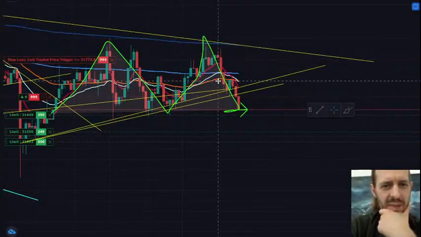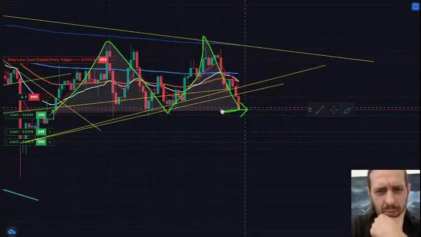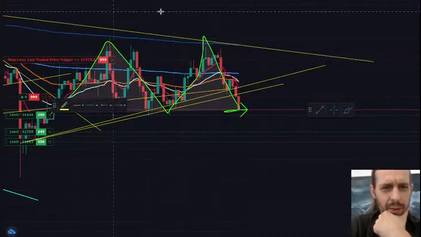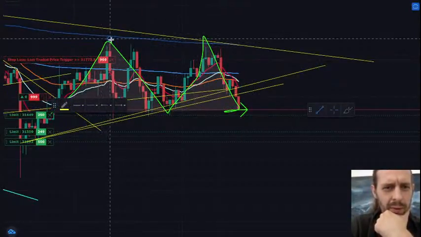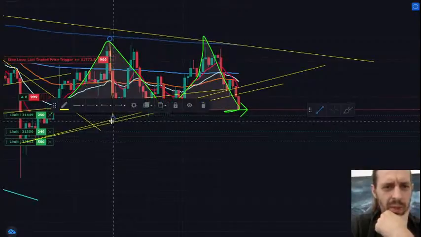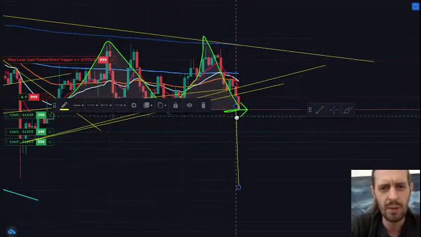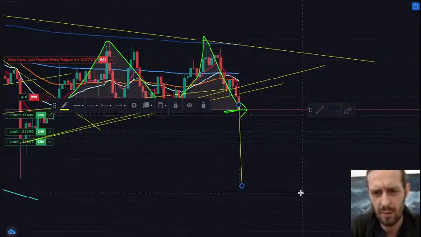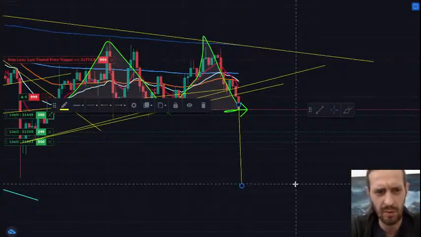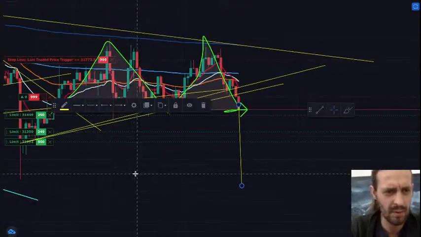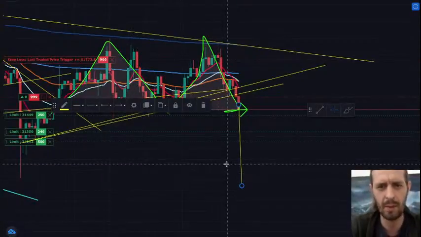No, I mean it's a double top. So if we break this neckline, then we might also expect some more downwards movement like this, which might take us all the way to 31,000 or so, up until this week approximately.